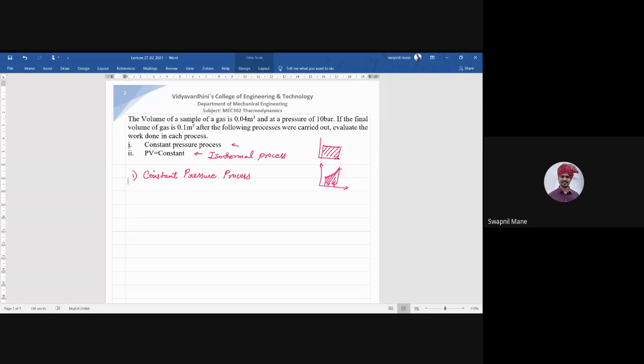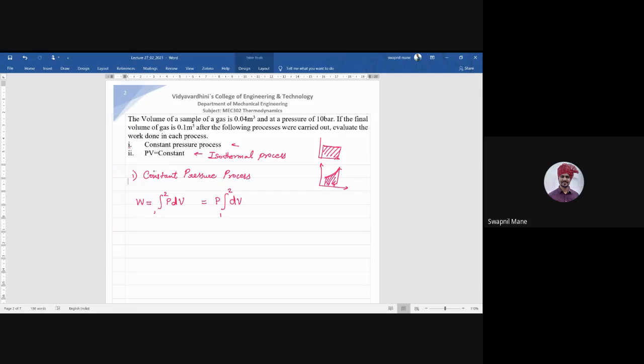Okay, so the basic equation is work done is equal to the integral from 1 to 2 of P dV. P is constant, so what will it be? Only dV. Yes or no? So what will be the integral of dV? P outside the integral, dV.